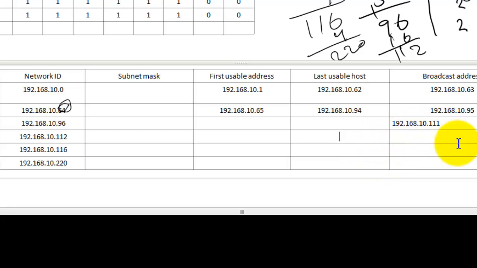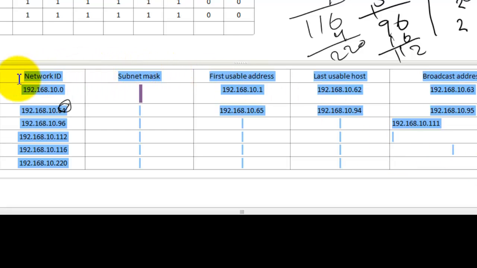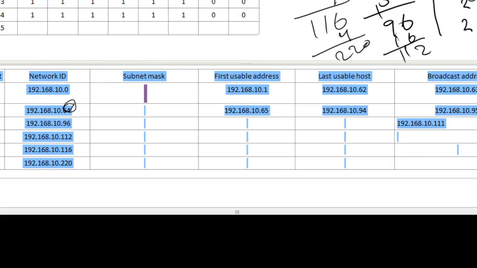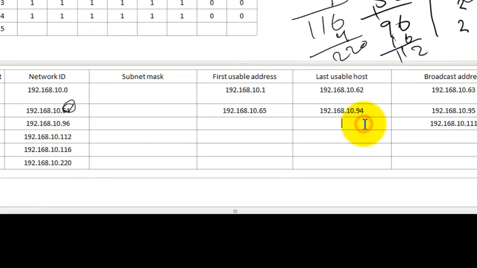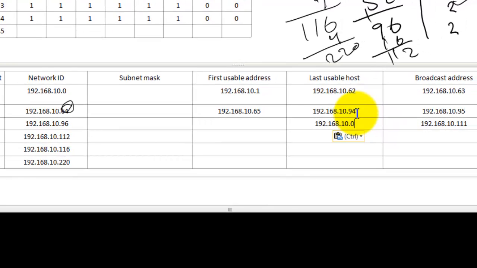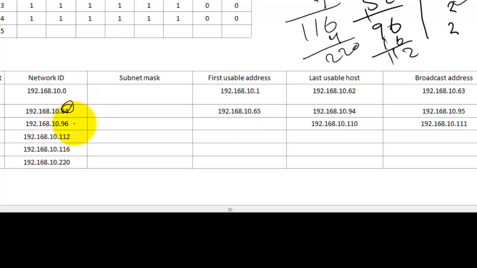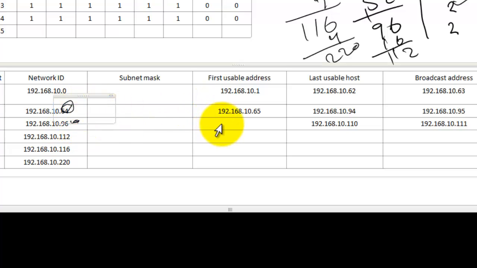You just do this to have them all centered. Here you're going to minus 1, you get the last usable IP, which is 110. Here, the first usable IP, you're just going to add 1 to 96, and you're going to get the first usable IP, which is 97.